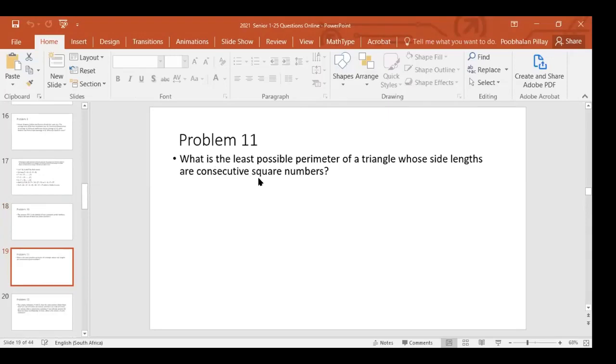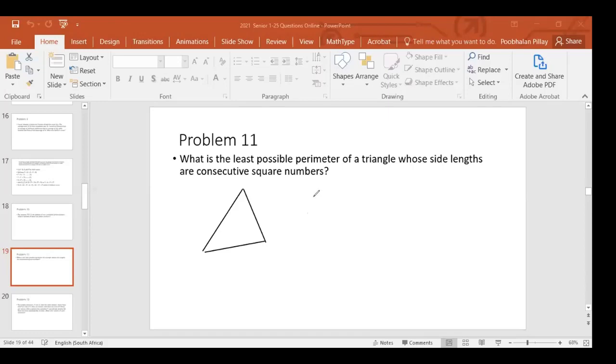Problem 11: what is the least possible perimeter of a triangle whose side lengths are consecutive square numbers? So here you've got a triangle. The sides are consecutive square numbers. What do you mean by consecutive square numbers?